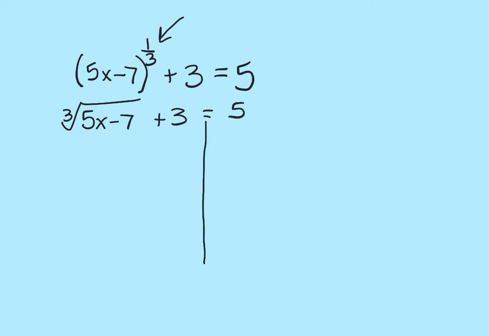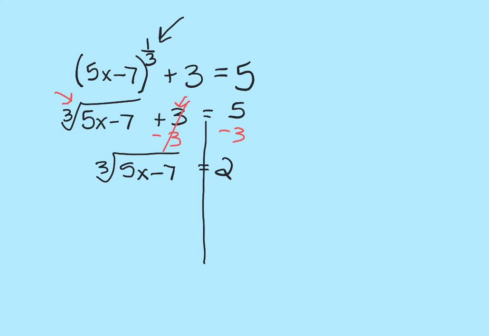First thing is we need to get that radical isolated. So we have to get rid of this plus 3. So I will first subtract 3, subtract 3. So the cube root of 5x minus 7 equals 2.